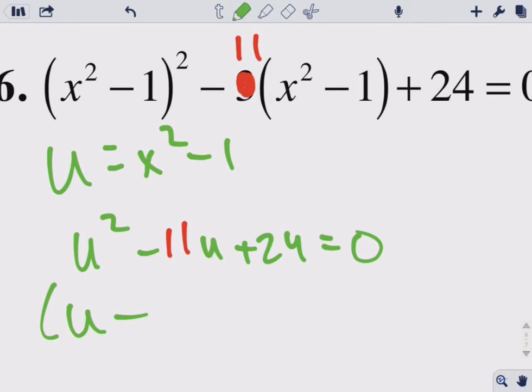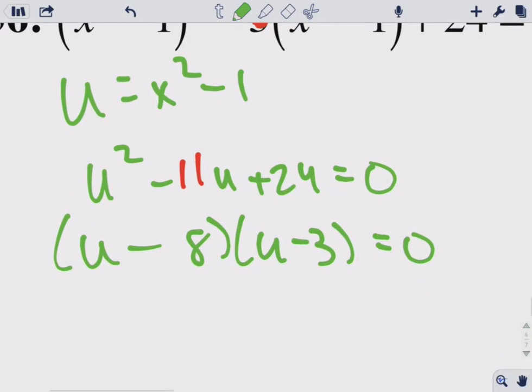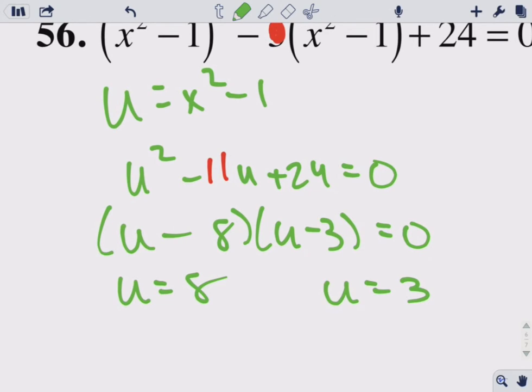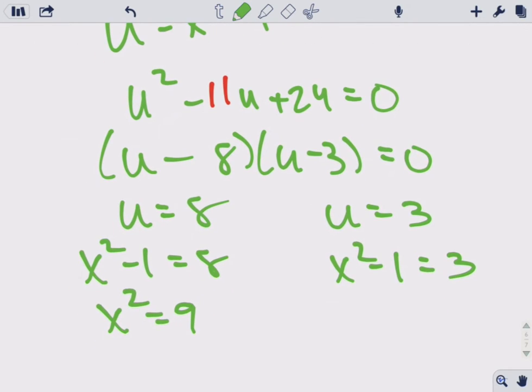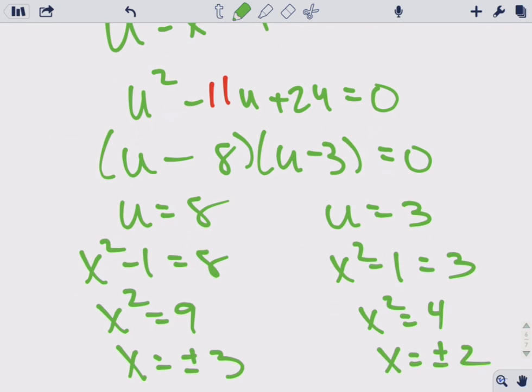Okay, that makes it u minus 8 and u minus 3 is equal to 0. Alright, so I'll get u is equal to 8, u is equal to 3. So I get x squared minus 1 is equal to 8, and x squared minus 1 is equal to 3. X squared is equal to 9, x is equal to plus or minus 3. X squared is equal to 4, x is equal to plus or minus 2.